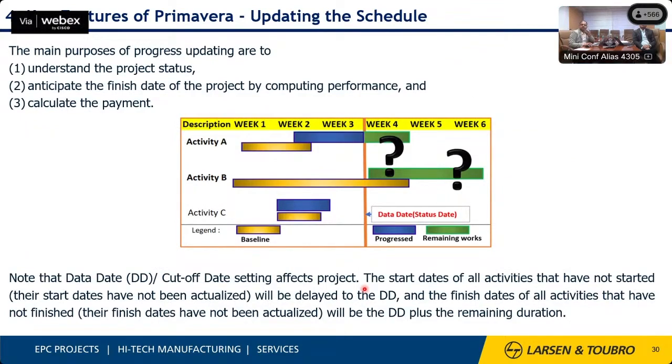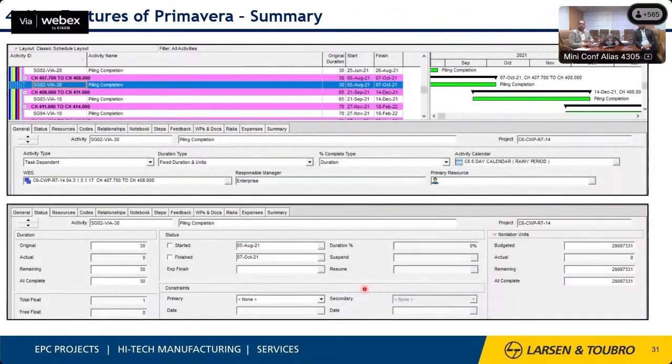As we see in scheduling, there is a cutoff date; in the same way we start updating our program based on the data date, the cutoff date of the updates. These are the items we discussed in the previous theoretical part, like the type of activities.